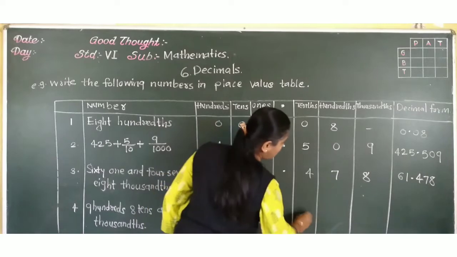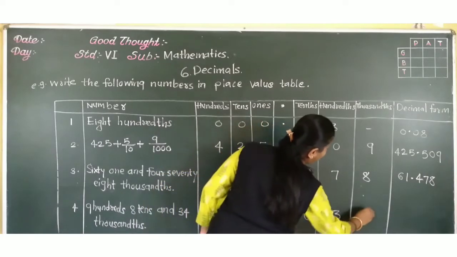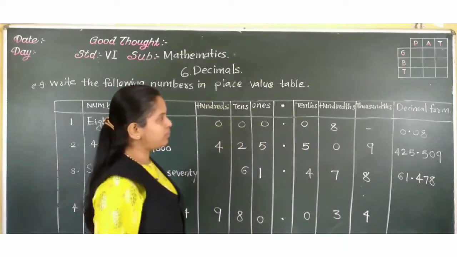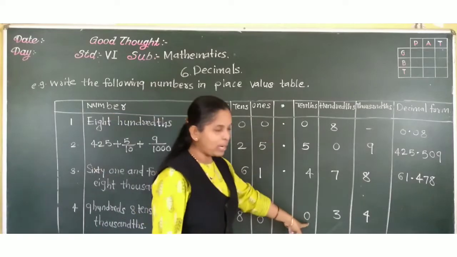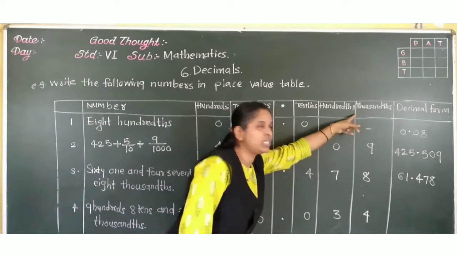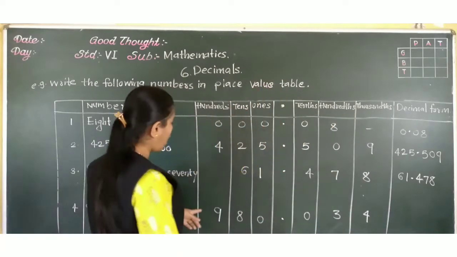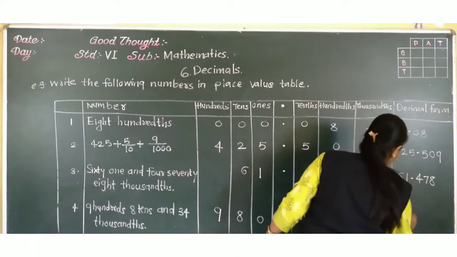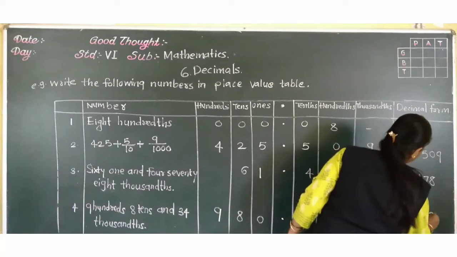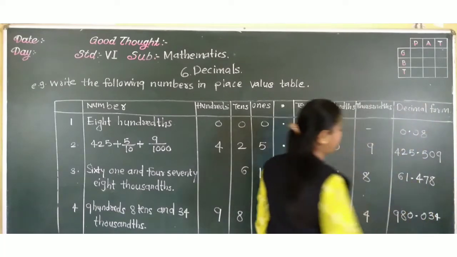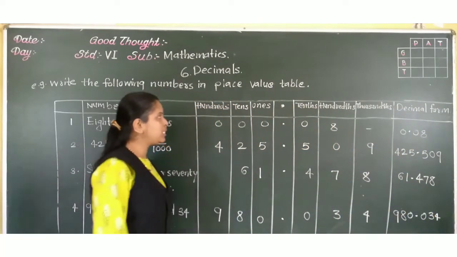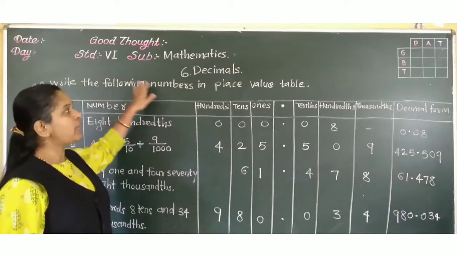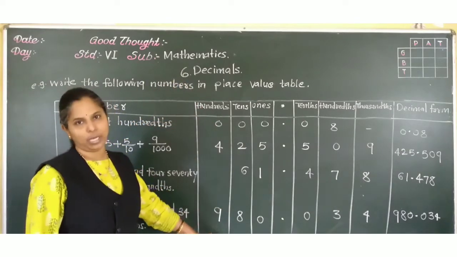That is tenths place nothing is there, and 34 thousandths are there. So hundredths place we have to write because 34 thousandths are there. So how to write it in decimal form? 980.034. Okay. In this way, we can write the numbers in place value table.